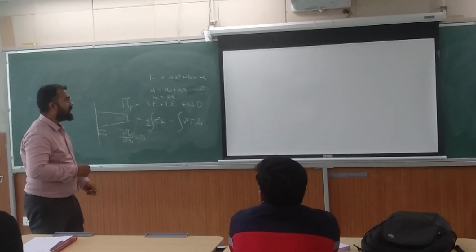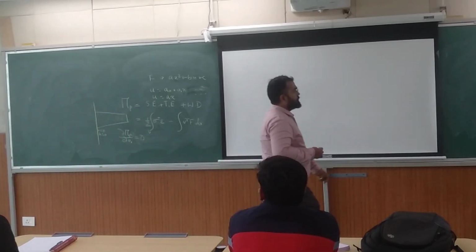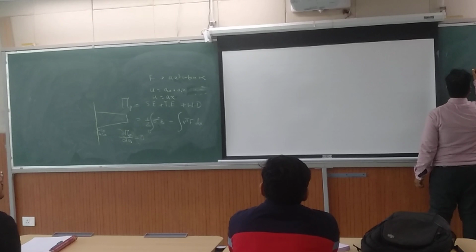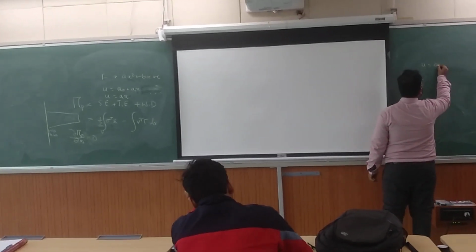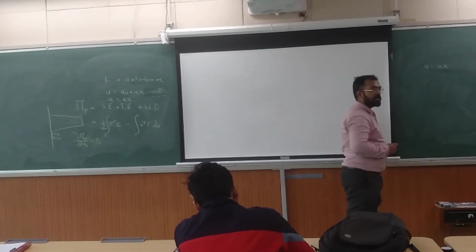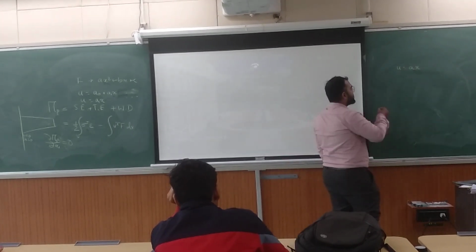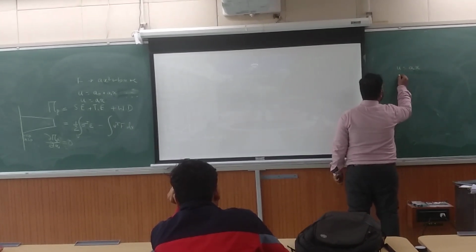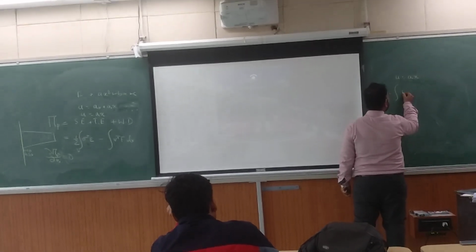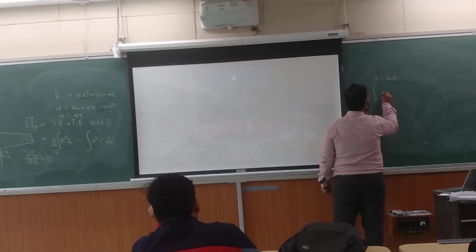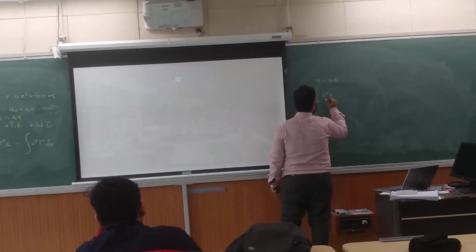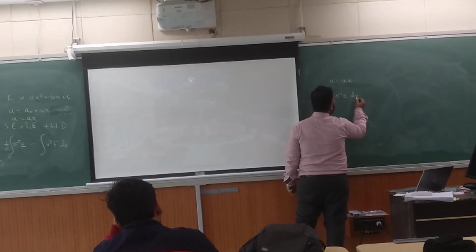So for example, let us say that u is equal to A1x. Okay? And let us take a one-dimensional problem. So in that case, my strain energy will be integration of stress transpose into strain dx, right?